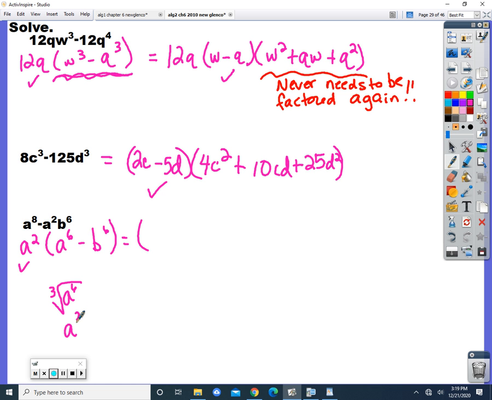That turns out to be a to the 2nd. So you're going to get a squared, and then we're going to get minus b squared, and then we're going to use those to build the trinomial. So same thing, if you did the cube root of b to the 6th, you get b squared. Okay, so we got our binomial.